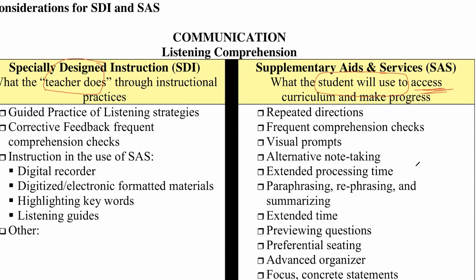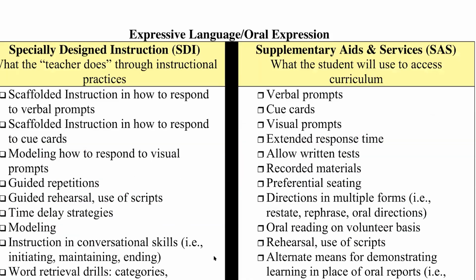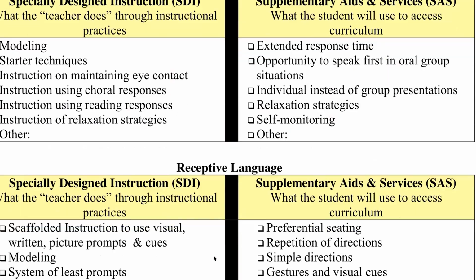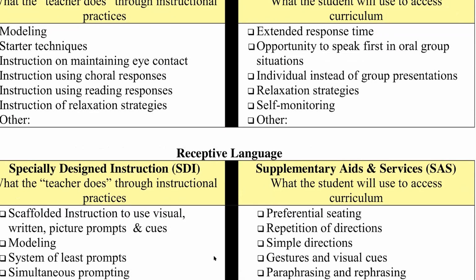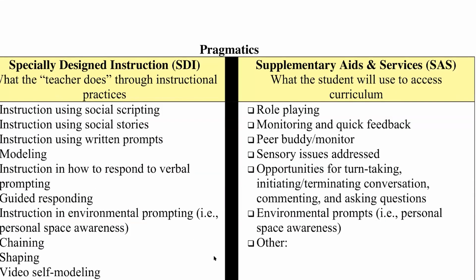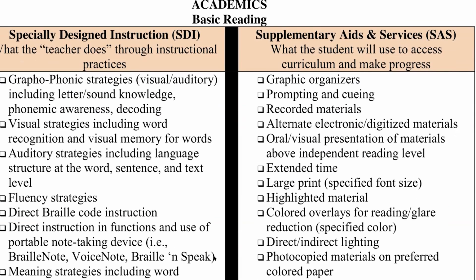If you go on through this, Dion, just a little bit further down, maybe to the next topic. Let's go on down to reading. But it takes you all the way through it. You can see fluency and receptive language there and pragmatics. This all has to do with communication. But you get to the academics portion, and here's basic reading.